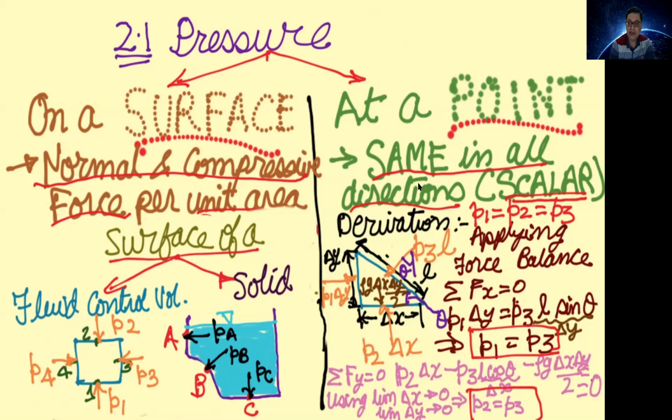When you apply the limit delta x, delta y tending to 0, this control volume reduces to a point, and then you can realize that this pressure force is acting in the horizontal direction, this is acting in the vertical direction, and this is acting in an inclined direction. Since the magnitude of the pressure is derived here as the same in all these 3 directions, the pressure at a point is the same in all directions, and it is a scalar quantity.